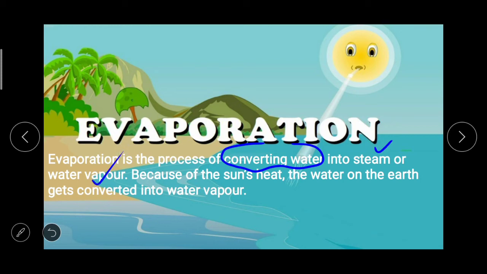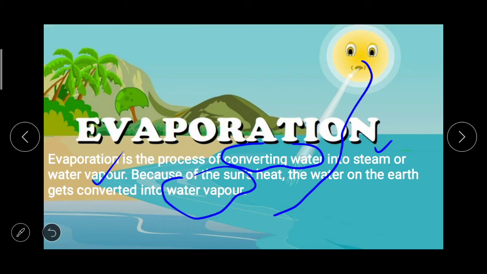Evaporation is the process of converting water into steam or water vapor because of the sun's heat. Here you can see, because of the sun's heat, the water on the earth gets converted into water vapor.